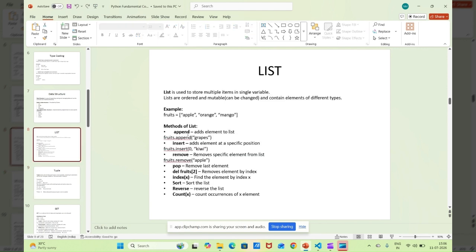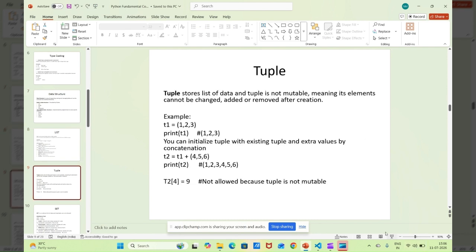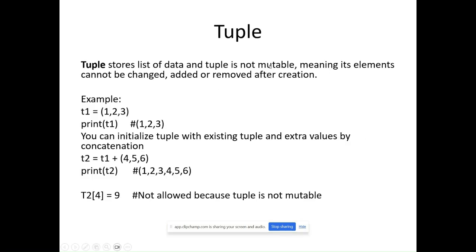All these operations list allows, so we can change and add values to a list. But tuple is not mutable, meaning its elements cannot be changed, added, or removed after creation. Once a tuple is created, you can't edit, add values, or remove values. You can't perform those operations.